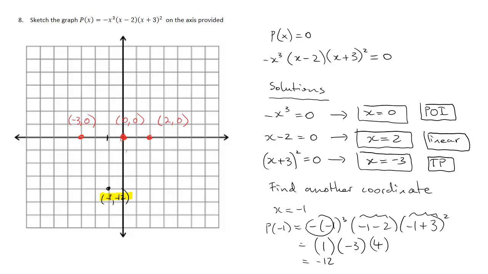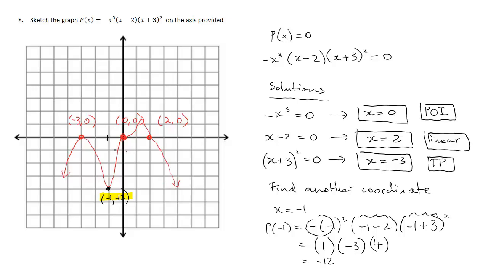We have to go through this point here. So actually our graph won't be turning around here, because then it would have to go back up and it will never reach that point. So our graph is starting off like this. It's hitting that x equals -3 solution, turning around. We can say it's going back through there. There's a point of inflection at this spot, and then it cuts through, right through.